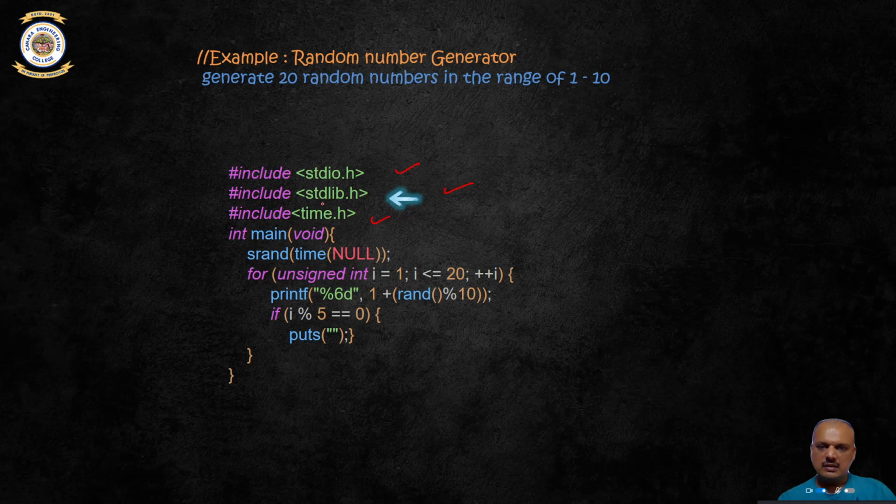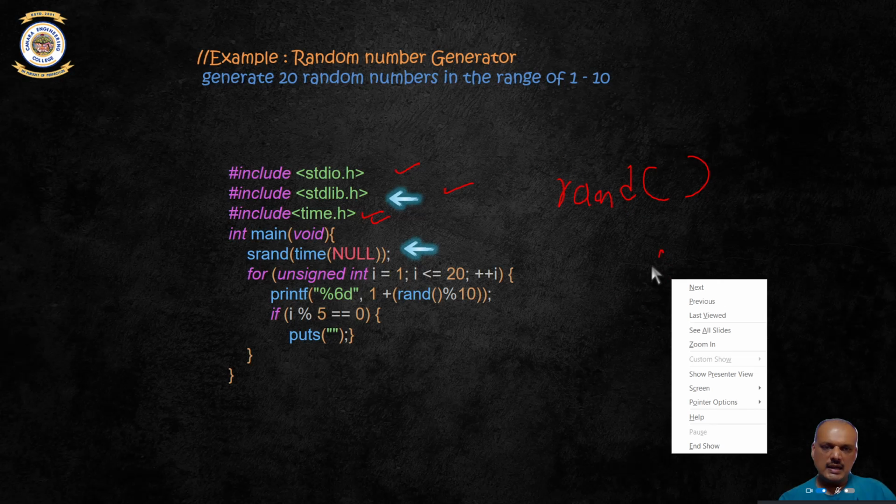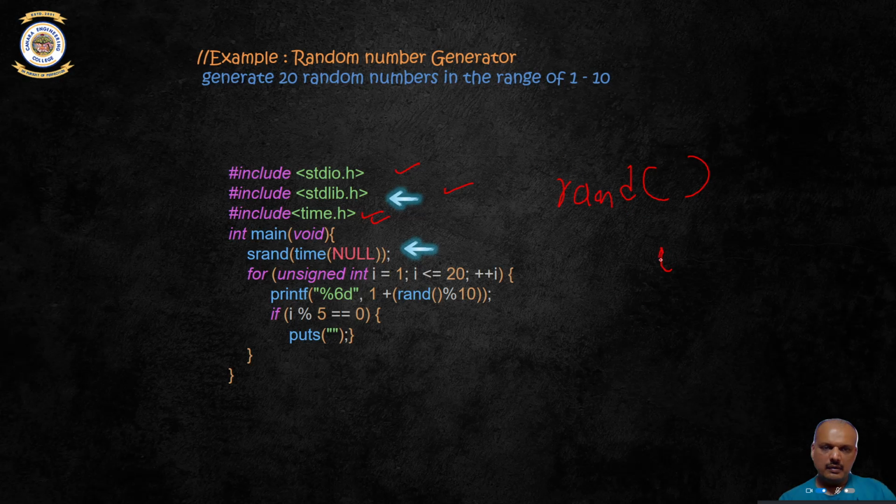The stdlib header file gives me access to a function called rand, which helps me generate the random numbers, and the time.h header file gives me access to a function called time, which helps me read the system time.